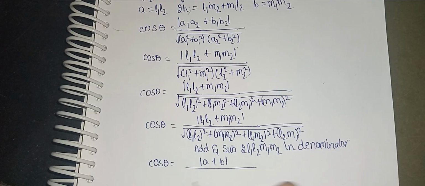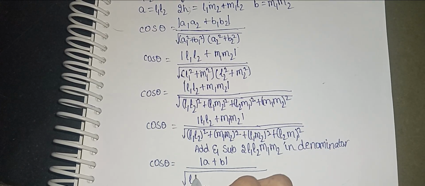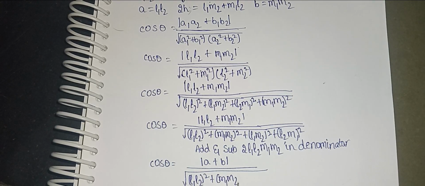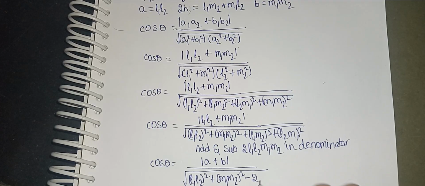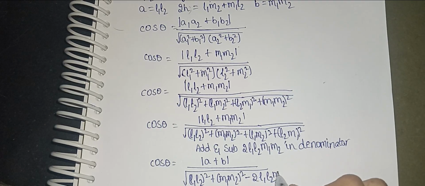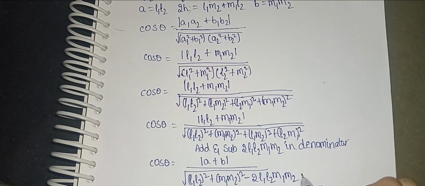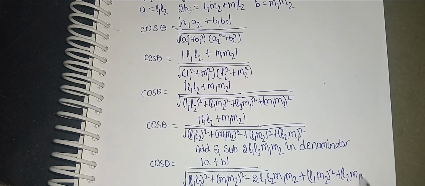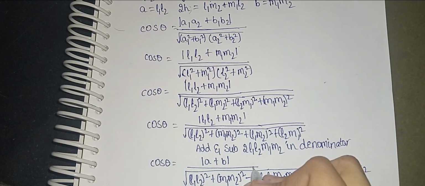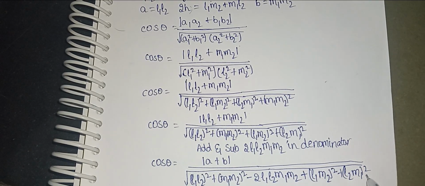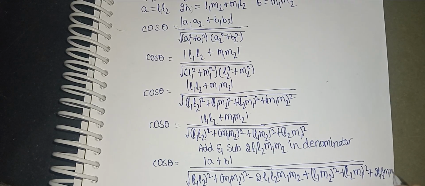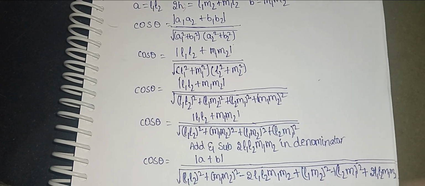So mod a plus b by L1 L2 whole square plus M1 M2 whole square minus 2 L1 L2 M1 M2, plus L1 M2 whole square plus L2 M1 whole square plus 2 L1 L2 M1 M2.